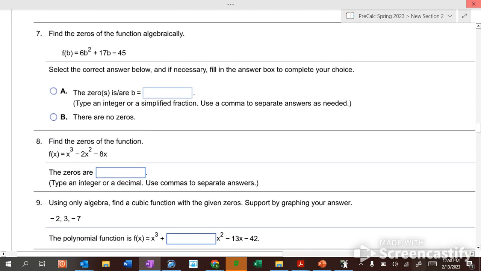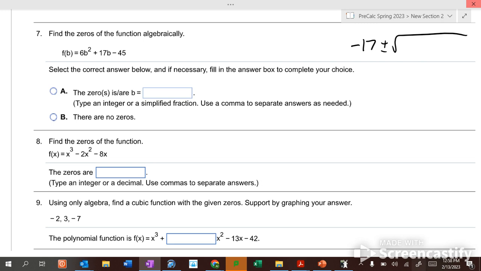Find the zeros of the function algebraically. Well, you try to find it by factoring, which I think you could probably do, but you could also do the quadratic formula: negative 17 plus or minus the square root of 17 squared.